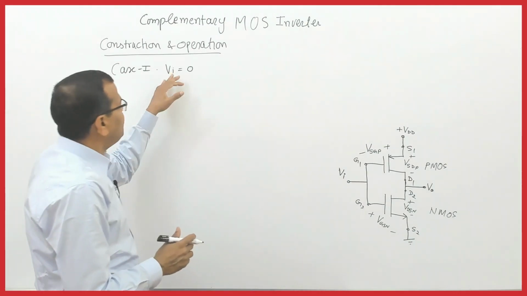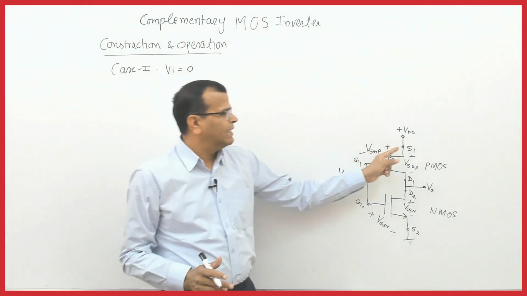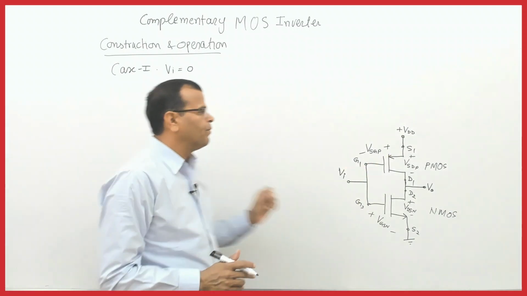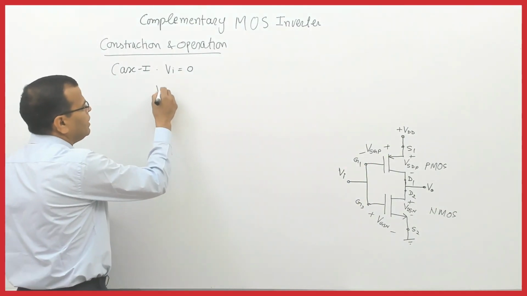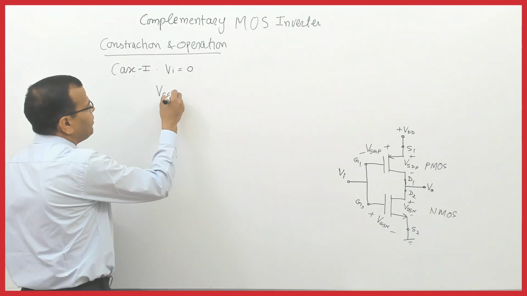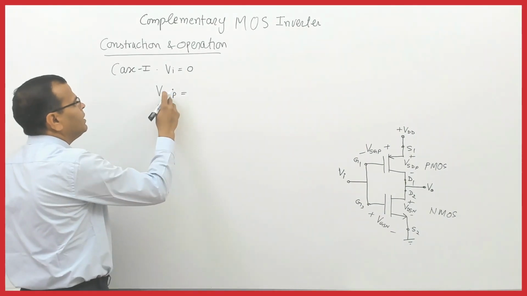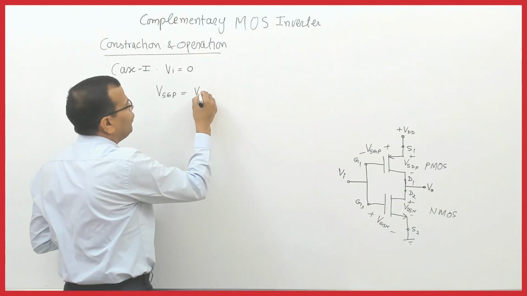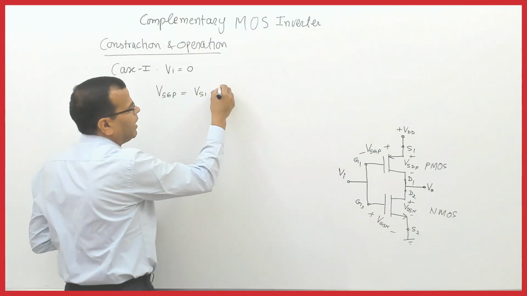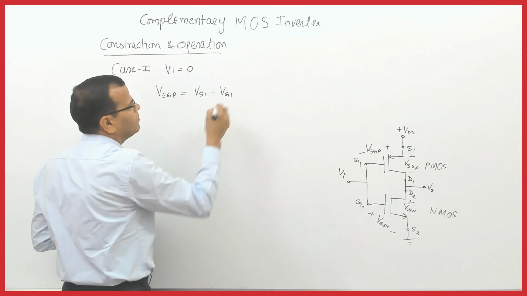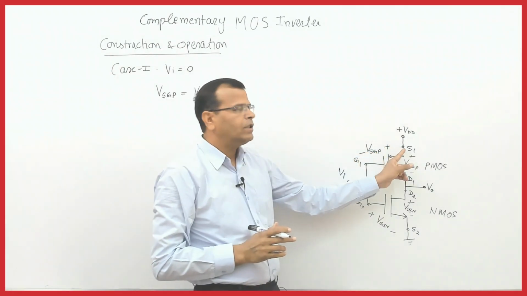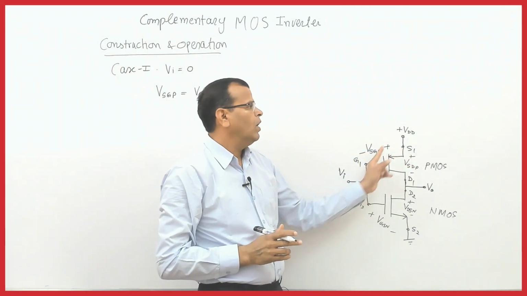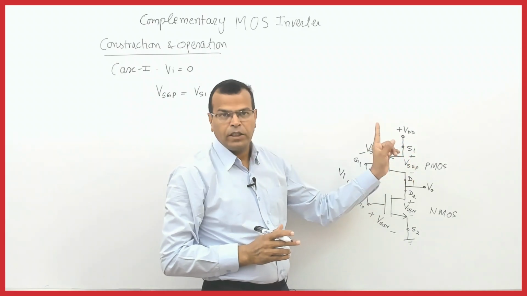So when input voltage is 0, see this voltage carefully. What will be VSGP? VSGP is equal to, that is nothing but VS1 minus VG1. Voltage at this terminal minus VG1. What is voltage at S1? That is plus VDD.